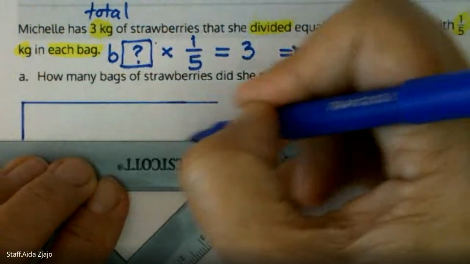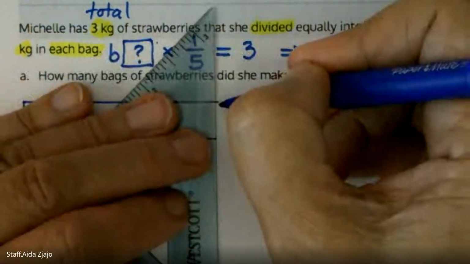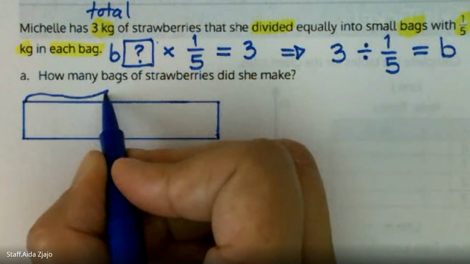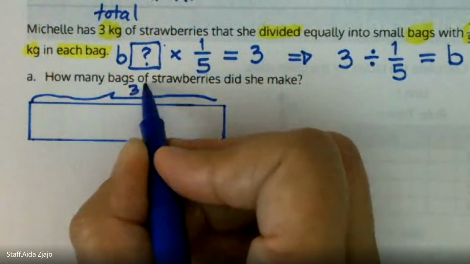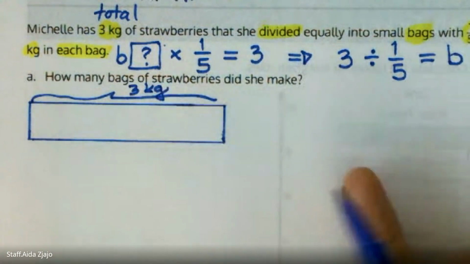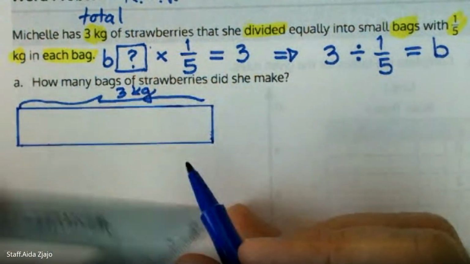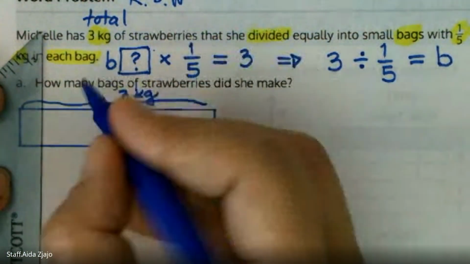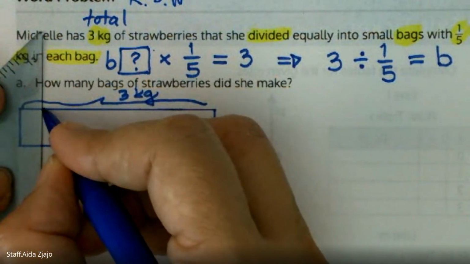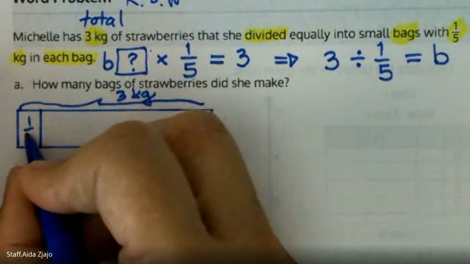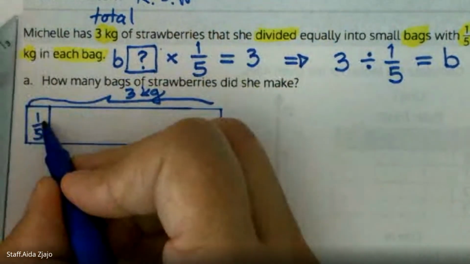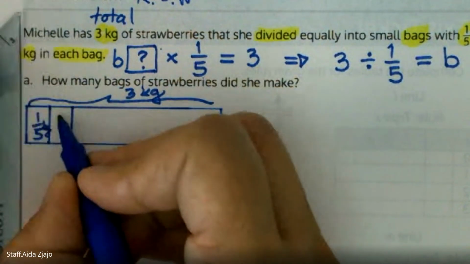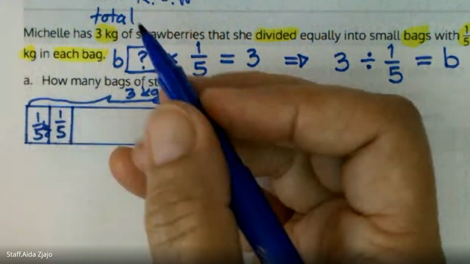Now we know that each 1/5 of a kilogram will be one bag, and then another 1/5 of a kilogram, another bag.